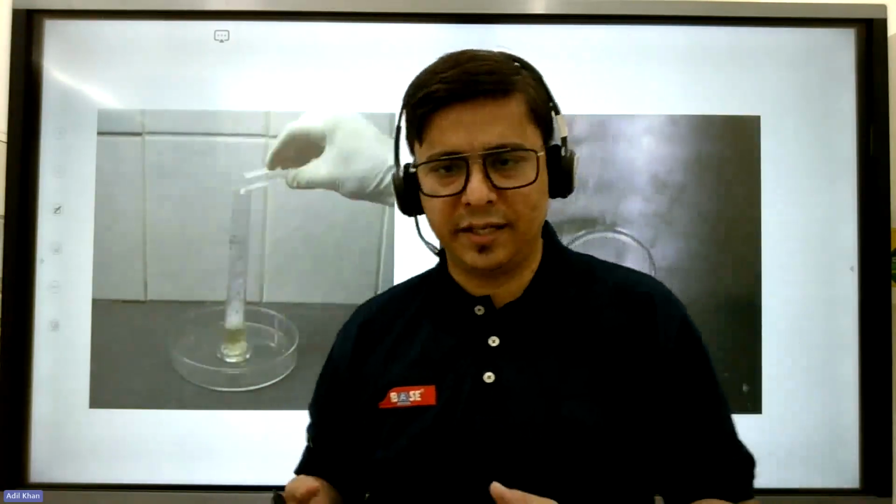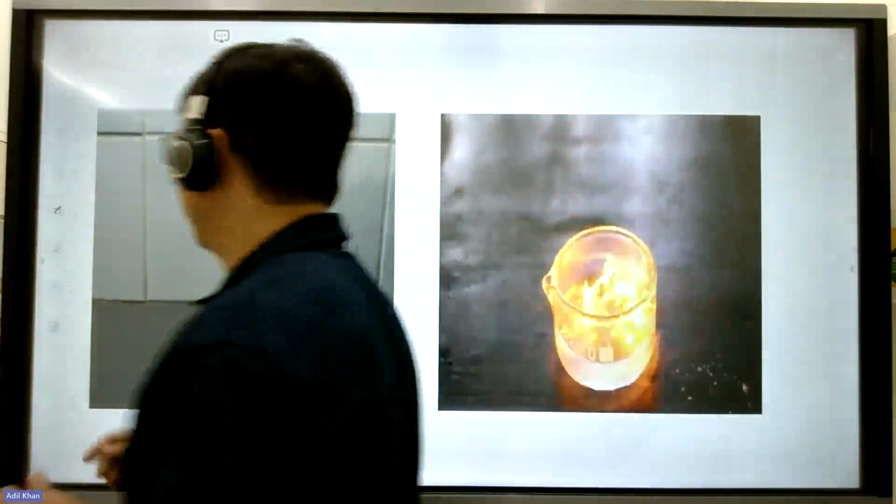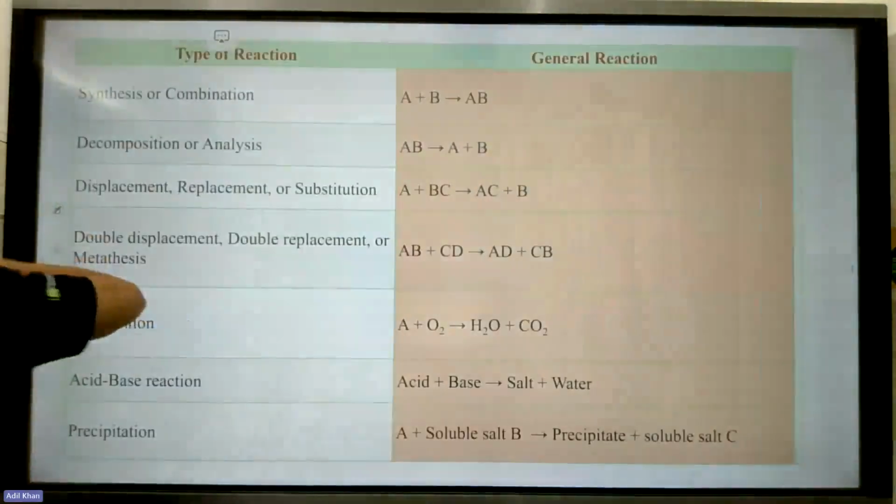You have neutralization reactions. You have redox reactions where electrons and ions are involved. You have precipitation reactions where solids are formed when you mix two things in liquid form. And various other things are there. I'm not going much into detail of all those. Whatever is required for you, I will be just doing for you.